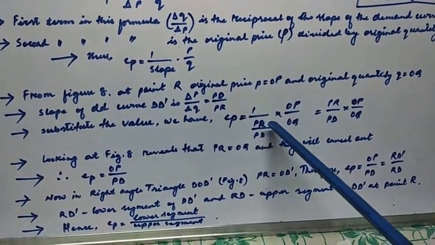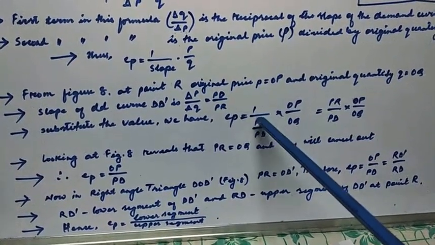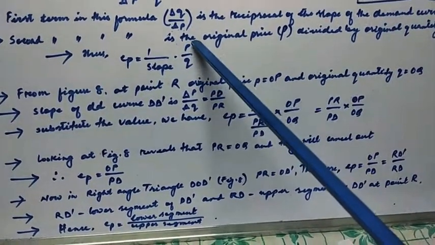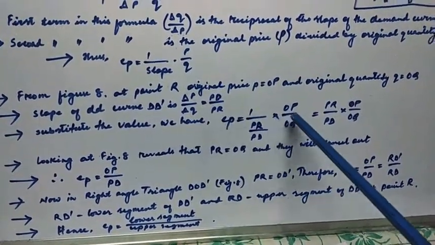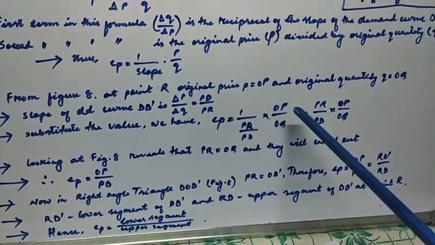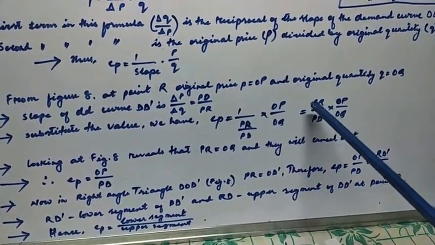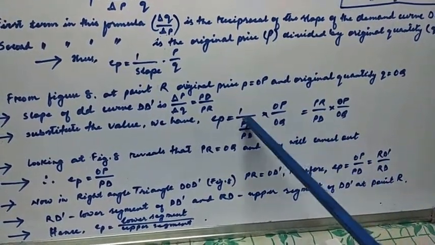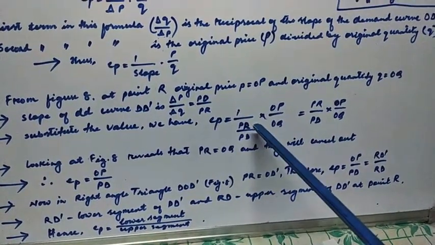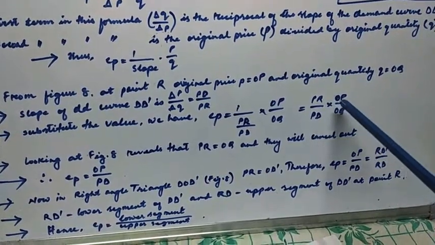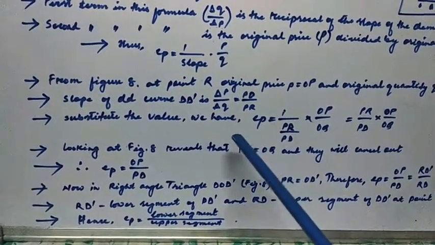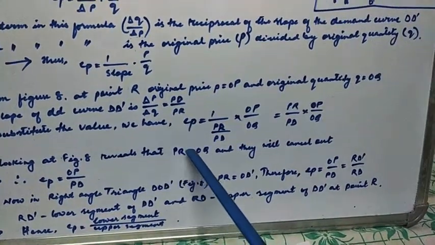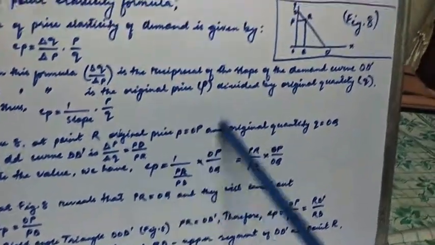So PR over PD, because of the reciprocal, into OP, because OP is the original price, and then OQ is the original quantity. So further we have PR divided by PD into OP over OQ. And when we look at figure 8, it reveals that PR equals OQ.